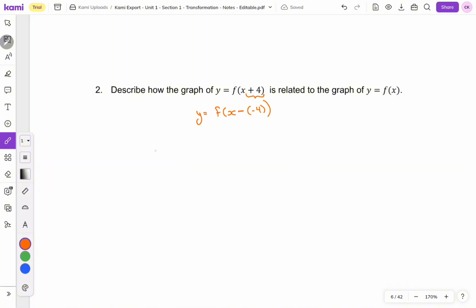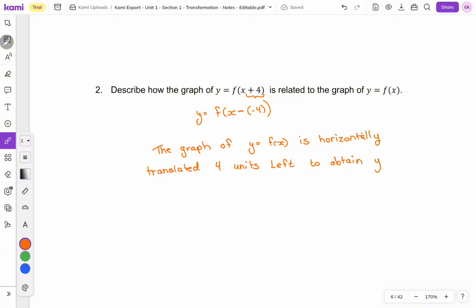So we would say the graph of y equals f of x is horizontally translated 4 units left to obtain y equals f of x plus 4.